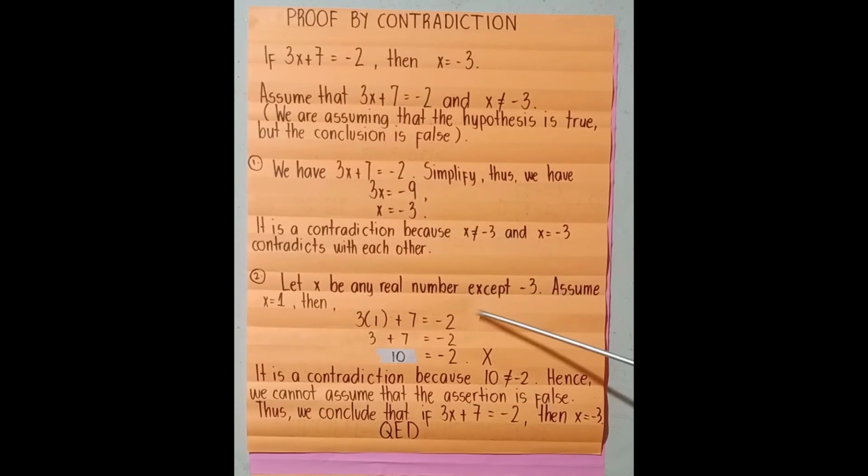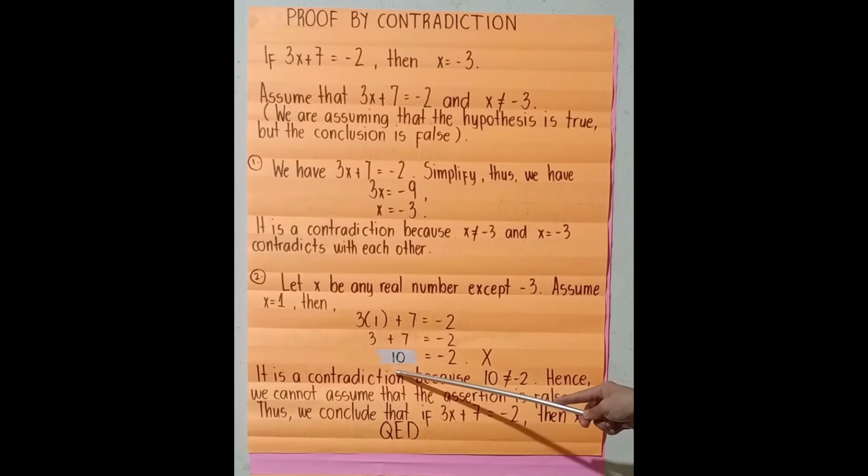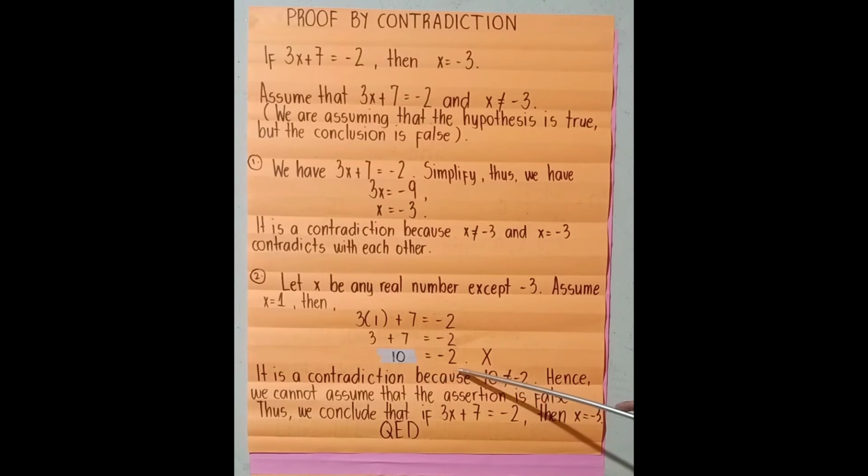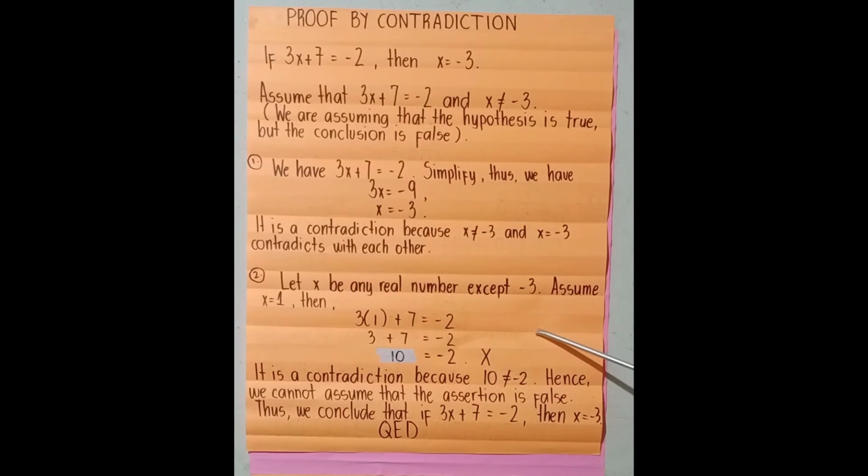From here, we will substitute 1 to the x, so it will become 3 times 1 plus 7 is equal to -2. 3 times 1 is 3, so 3 + 7 = -2. 3 + 7 is 10. 10 = -2 is wrong, since 10 should not be equal to -2. So it is a contradiction because 10 is not equal to -2 is the right answer.